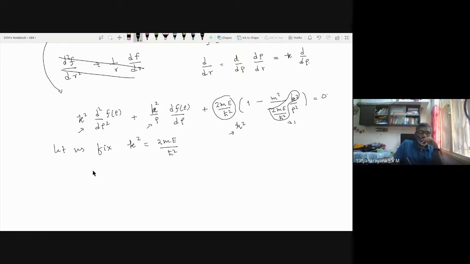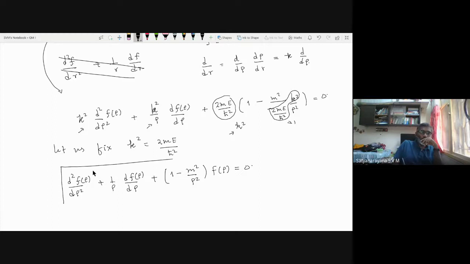So then this equation can be written as d square f of rho by d rho square plus 1 over rho into df of rho by d rho plus 1 minus m square by rho square into f of rho is equal to 0. So this equation, I do not know if you can recall or you are familiar. This is an equation whose solution, yes, it's a Bessel function.